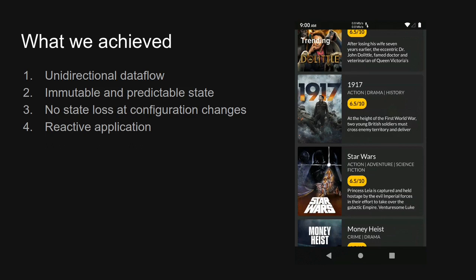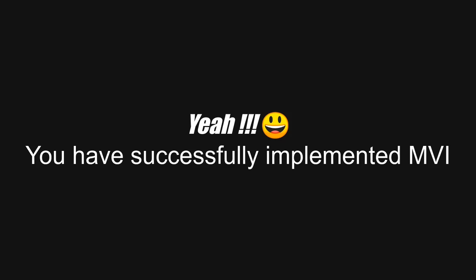So till now you have successfully implemented MVI. That's the whole core idea of MVI. It's not a very concrete, perfect and robust implementation, but that's a good start, and you can understand the unidirectional flow and how things work in MVI.